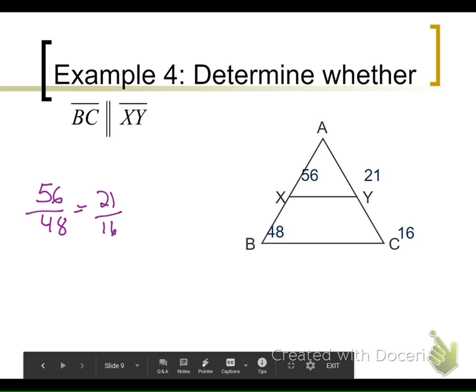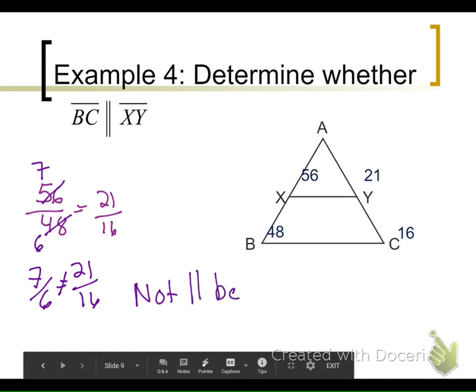How many times does 8 go into 56? How many times does it go into 48? 6. So we have 7 over 6. What goes into both 21 and 16? Nothing. So does 7 over 6 equal 21 over 16? No. Not parallel, because 7 over 6 does not equal 21 over 16.